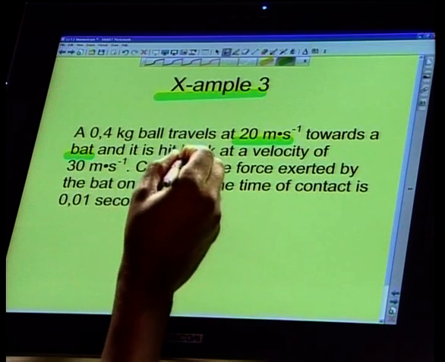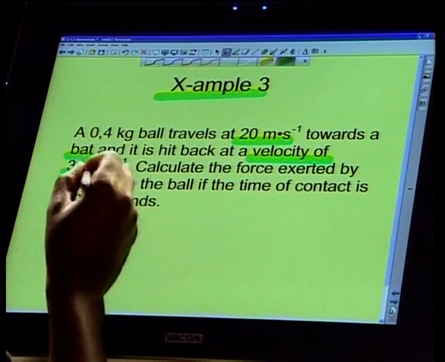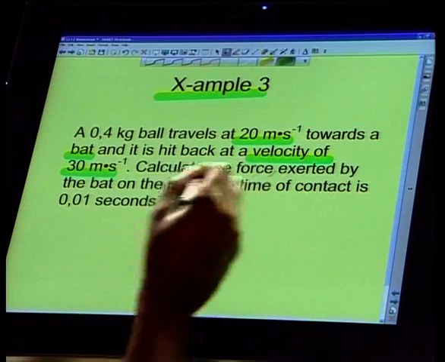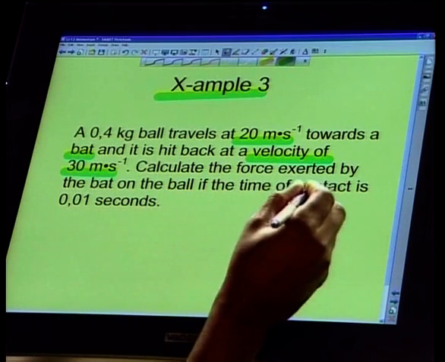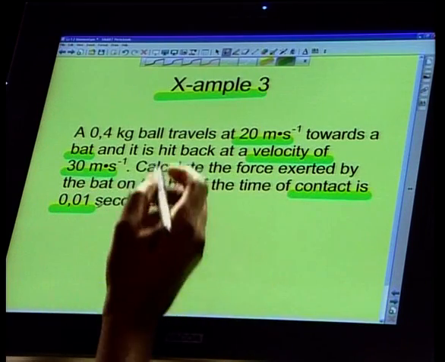And it is hit back at a velocity of 30 meters per second. Calculate the force exerted by the bat on the ball if the time of contact is 0.01 seconds.